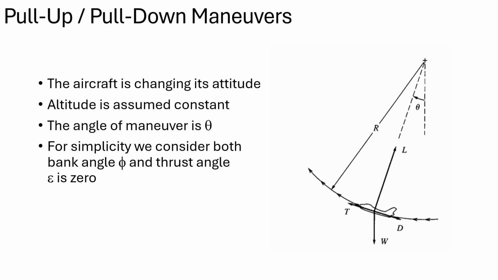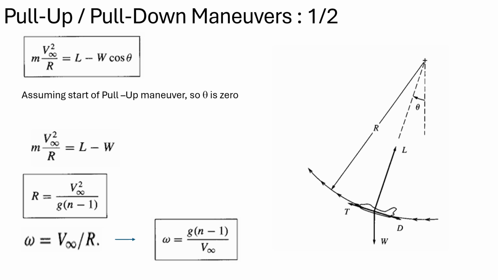And here we are assuming that the aircraft is not pulling up while turning or pulling down while turning. So the turn is 0 here. The upward force towards the center of the circle, the force that is in this direction, is the force that causes the aircraft to go up or go down, so pull up or pull down.